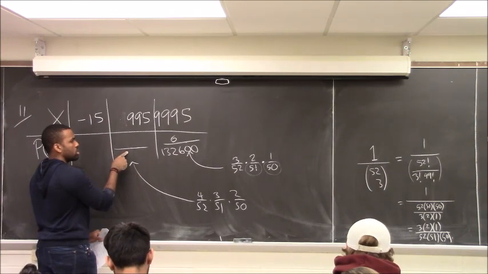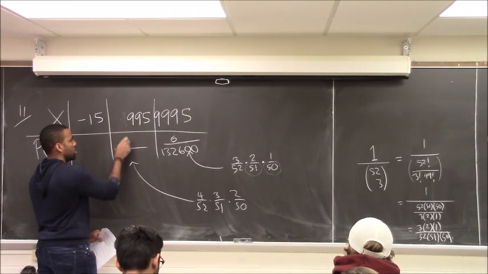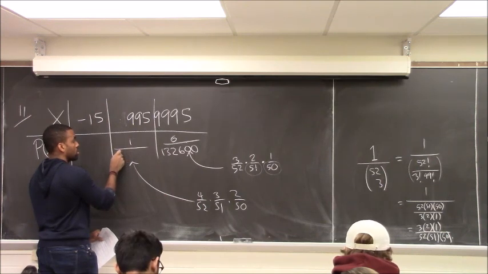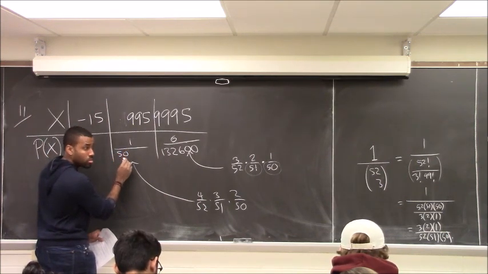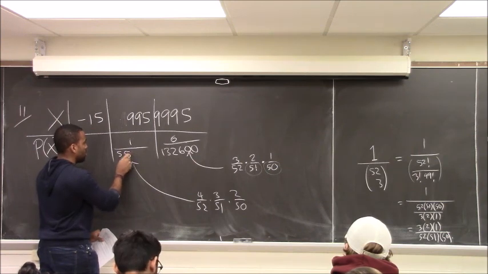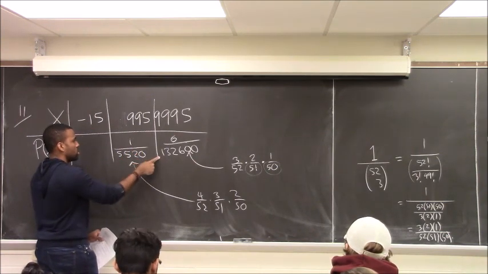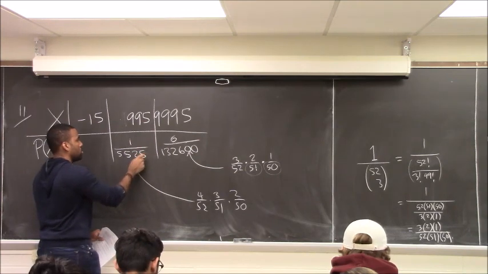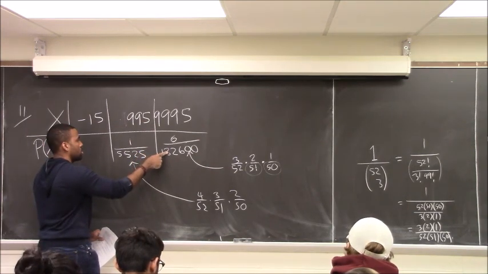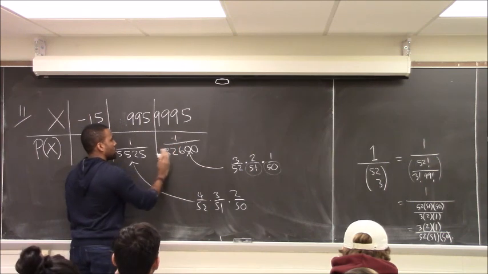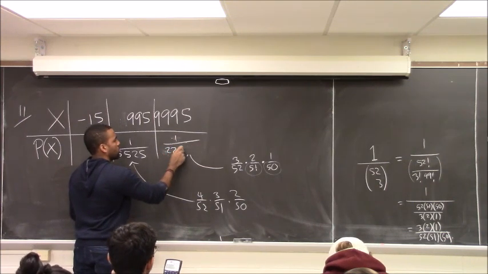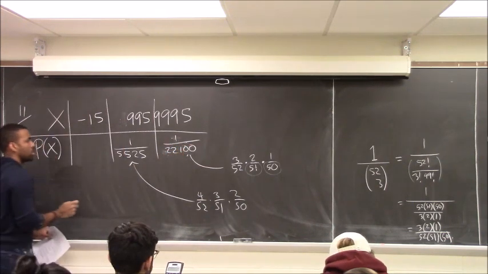Are you reducing or did you not? Yeah, we reduced on both of them. So this is 1 over 5,525. Did you reduce this one? Yeah, to 1 over 22,100. Okay.